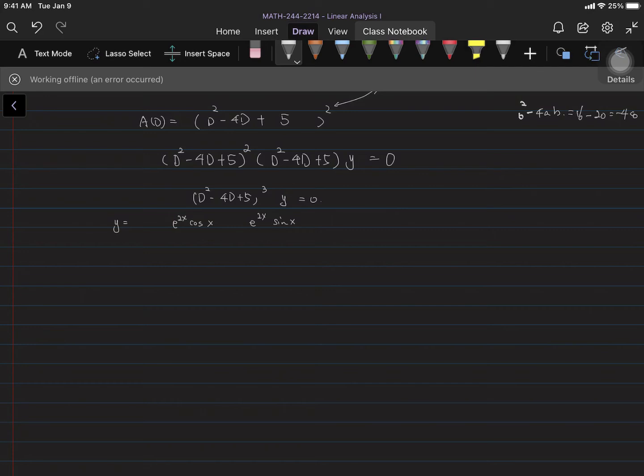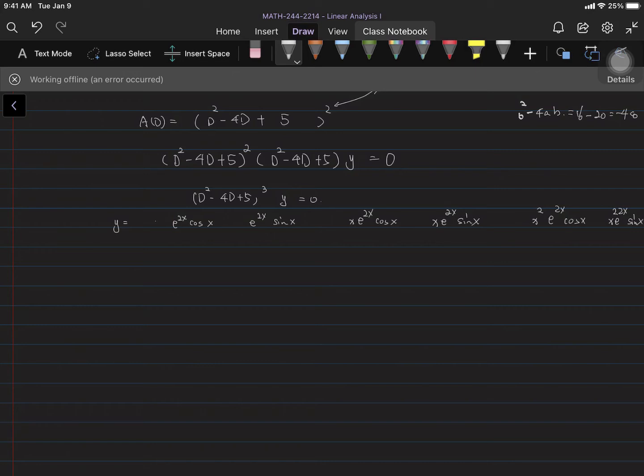But because we have a cube power, we should also have x e to the 2x cosine x, x e to the 2x sine x, and also x squared e to the 2x cosine x, and x squared e to the 2x sine x.